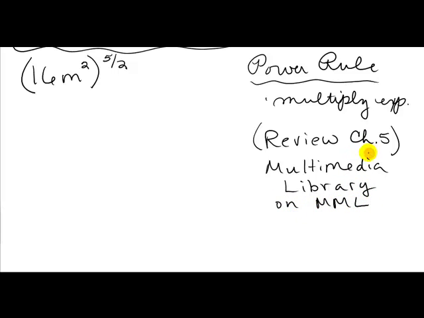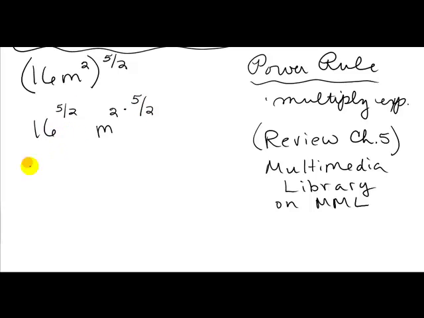Go back to Chapter 5 and look at a review of all of the exponent rules. All right, so what this is saying is I've got 16 to the 5 halves and m squared times the 5 halves. So let's deal with one of these at a time.